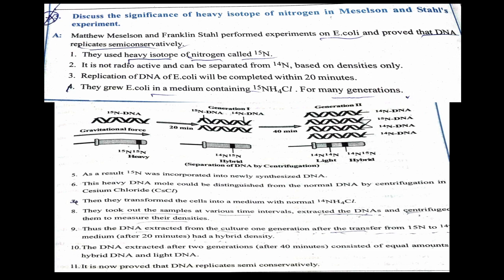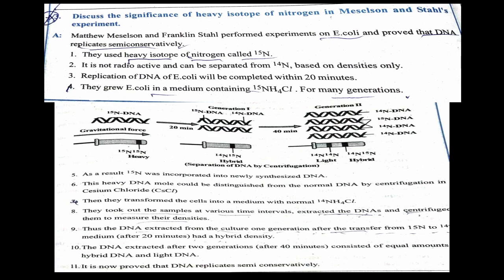The DNA extracted one generation after the transfer from 15N to 14N, that is after 20 minutes, had a hybrid density. The DNA extracted after 2 generations, that is after 40 minutes, consisted of equal amounts of hybrid DNA and light DNA. It is now proved that DNA replicates semi-conservatively.